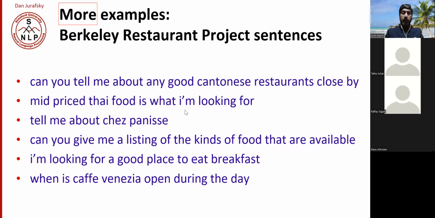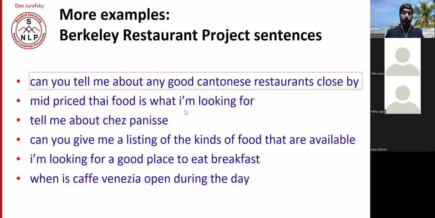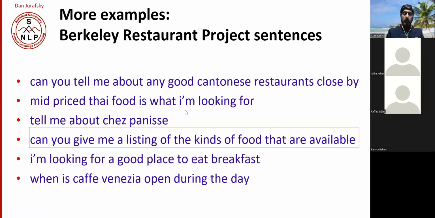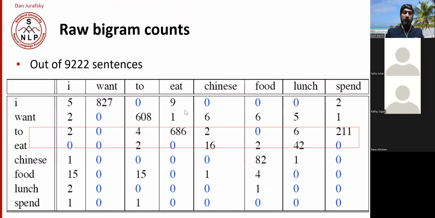So let's say we have a huge corpus of restaurants and their reviews and people's comments on those restaurants. You will have various sentences, and some examples of those sentences in this corpus are given here. Let's say we are building a bigram language model from this.